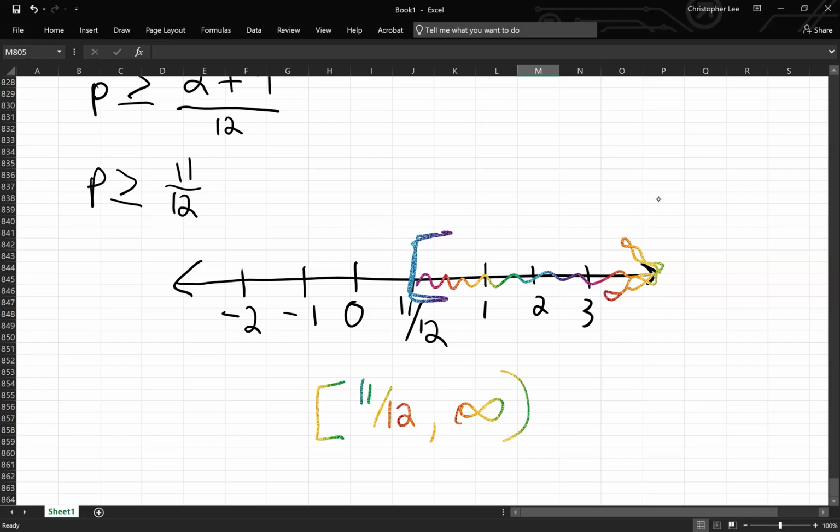Questions on this, anybody? Go ahead. The 12 is 11 over 12. Does it have to be like a number? What do you mean? It is a number, yeah. Is it between 0 and 1, like between the 11 and 12? It doesn't represent the exact spot, but it falls in between that.